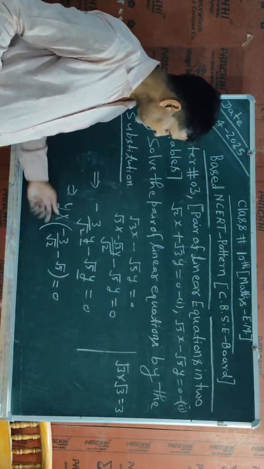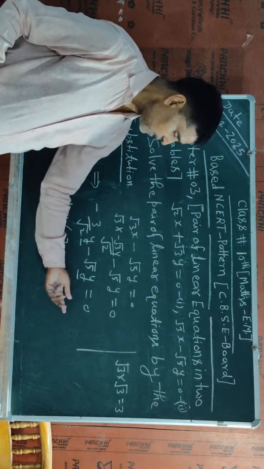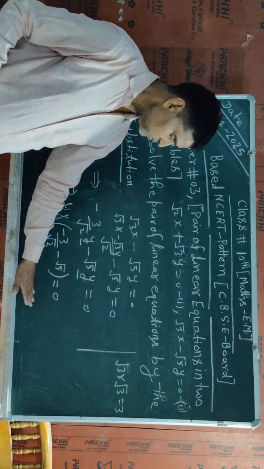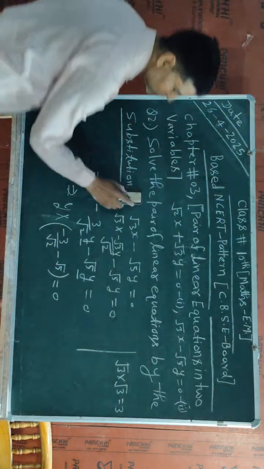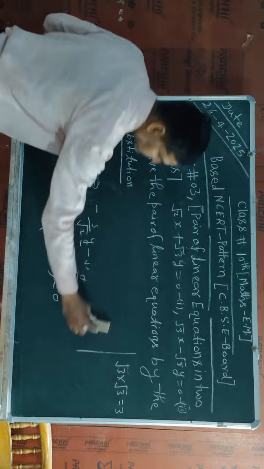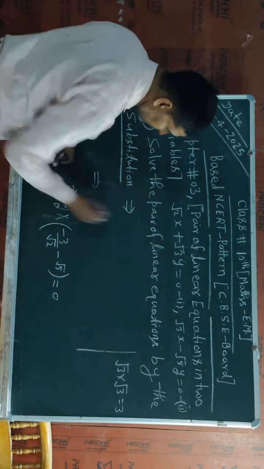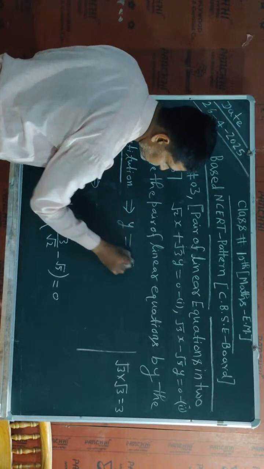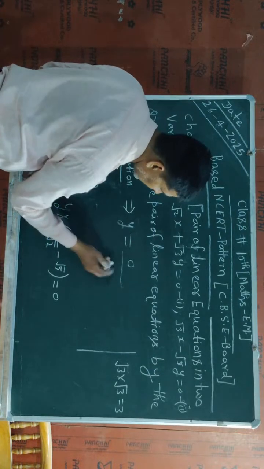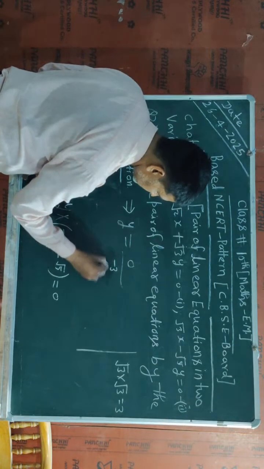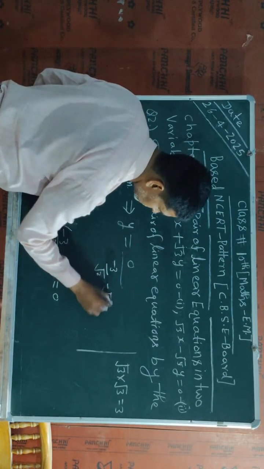So in the next step I will write y is equal to 0 divided by this one. If I divide 0 by any number, that will also become 0. Okay, students, the above data I am going to erase for further calculation. Here I am going to write: implies y is equal to 0 divided by the same, that is minus 3 divided by root 2 minus root 5.